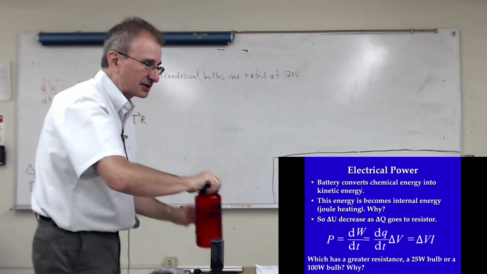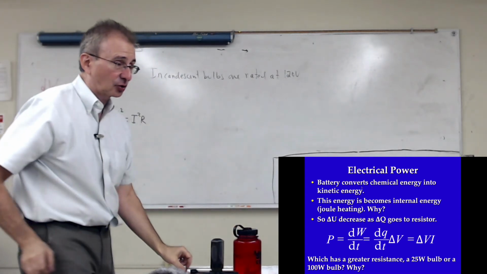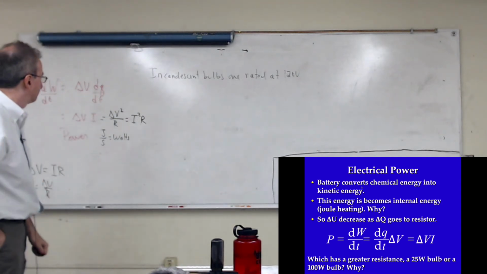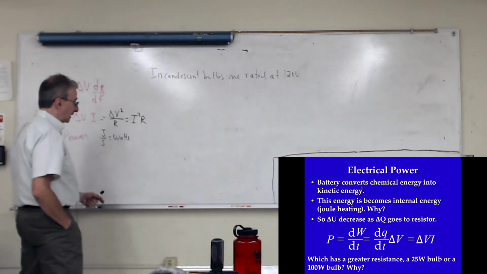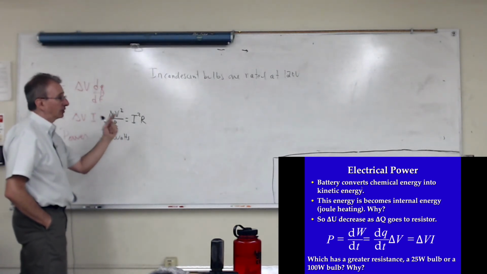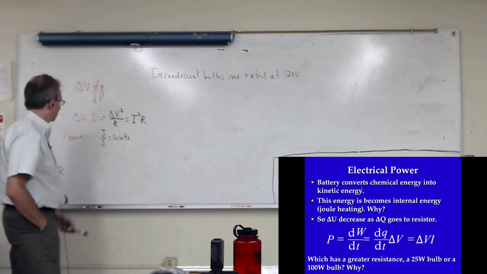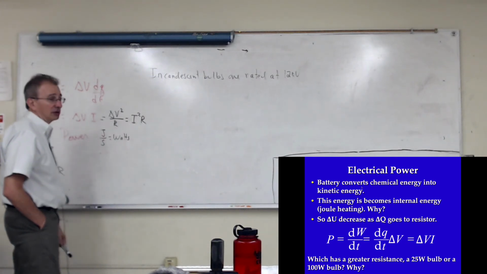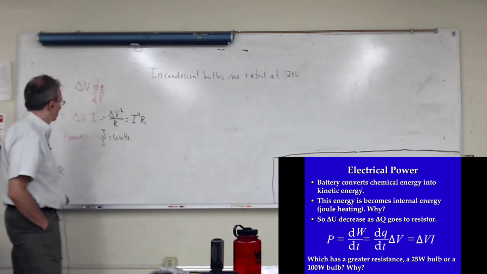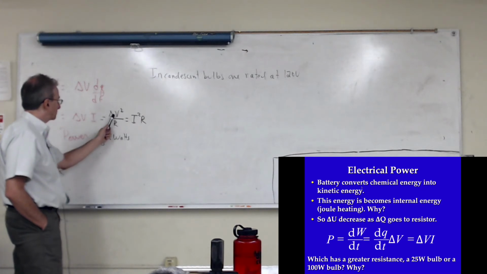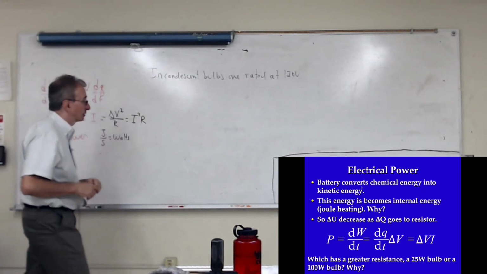So let's go back to the question. Which bulb has a greater resistance, a 25-watt bulb or a 100-watt bulb? Since they're both rated at 120 volts, which form of the equation should I use to understand this? I think I'm going to use this one because the delta V is the same in both cases.